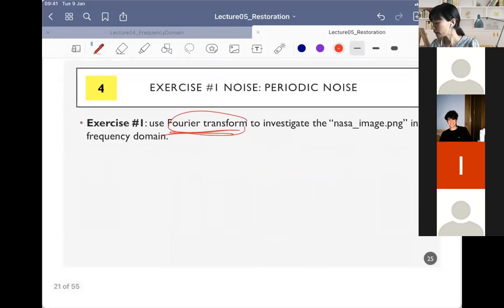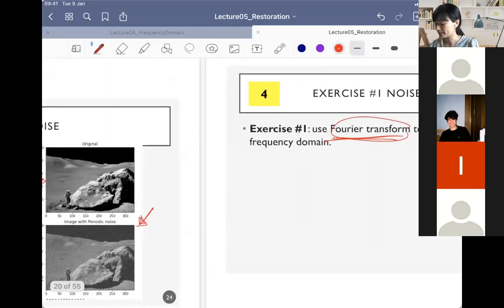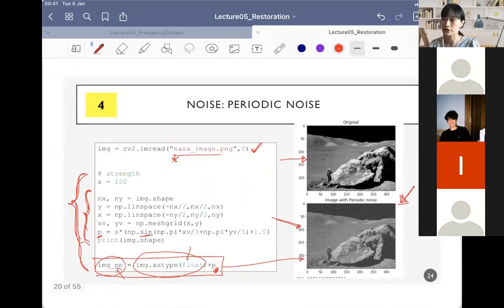Just try this exercise, copy the set of code that I give you here, and add some code to see the Fourier transform of this image. And I will do it with you together. Okay, let's do it together.